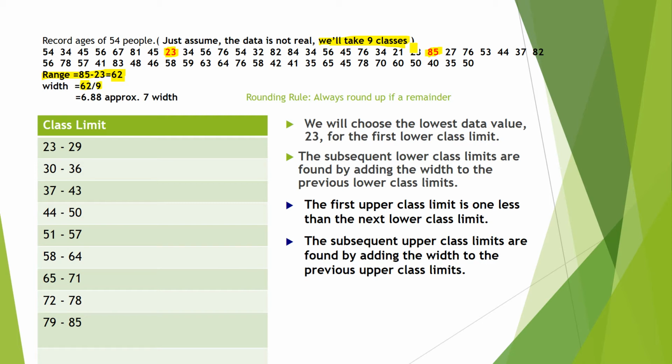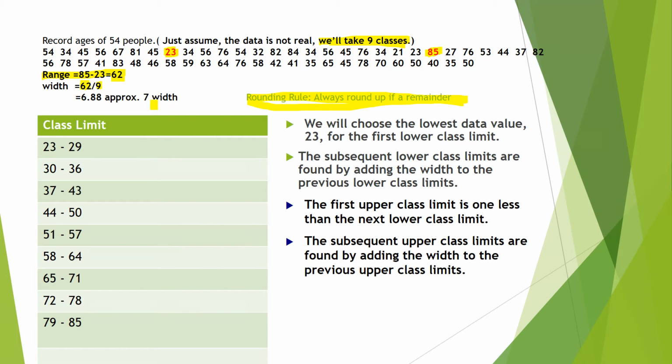Our number of classes is 9, so 62 divided by 9 equals 6.88, approximately 7. So 7 is the width, and this is the rounding rule of width: always round up if there is a remainder. Since the remainder is there in 6.88, we will round up. We will not round down.